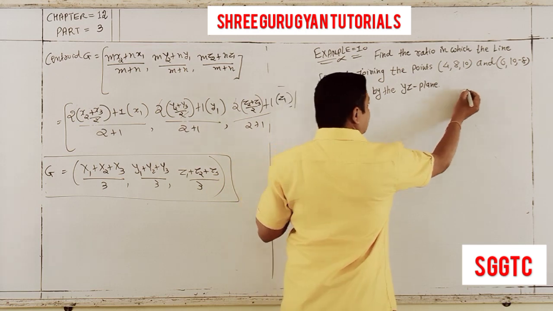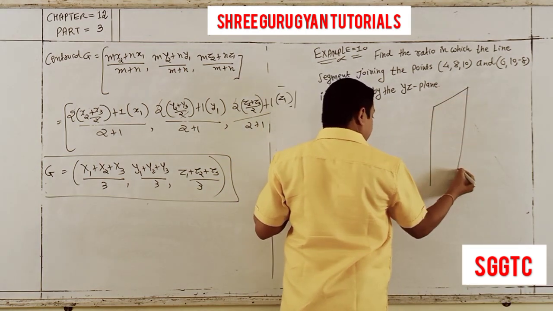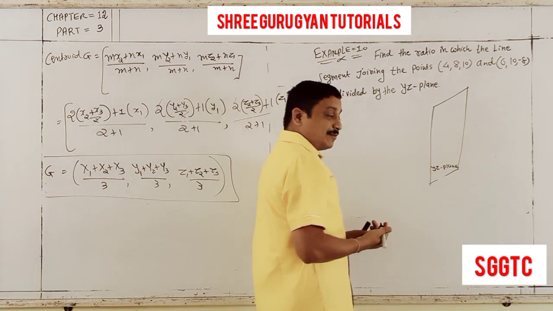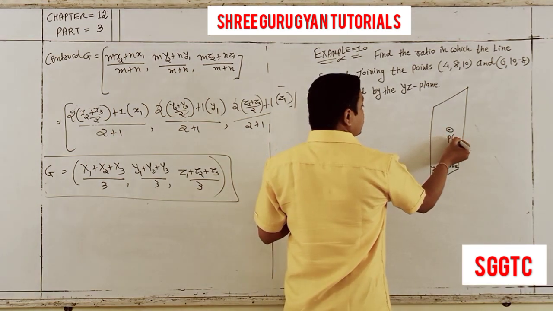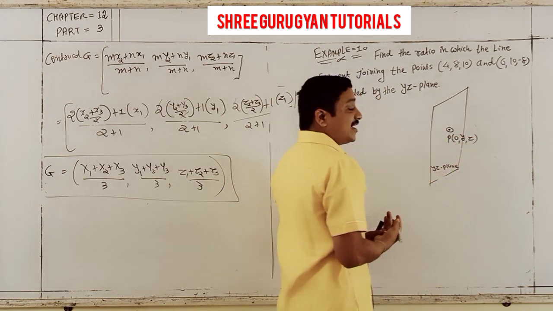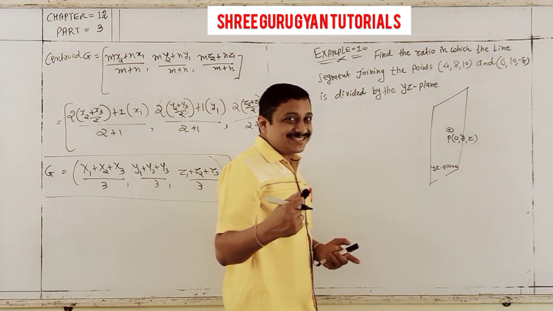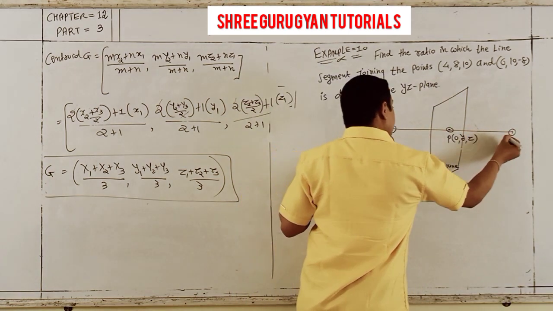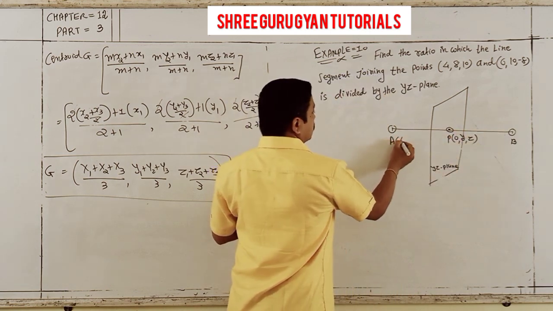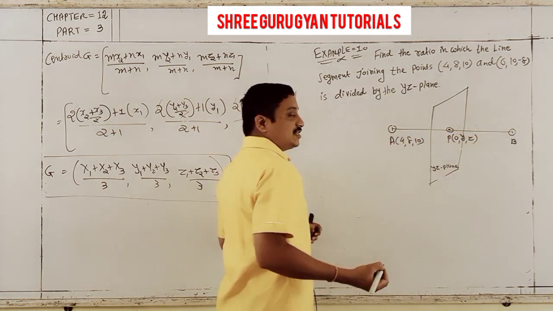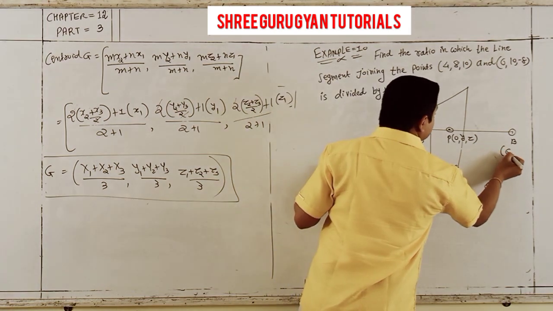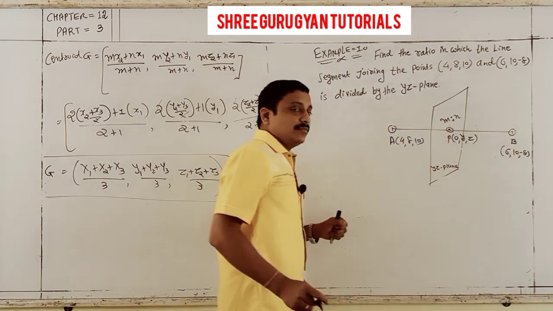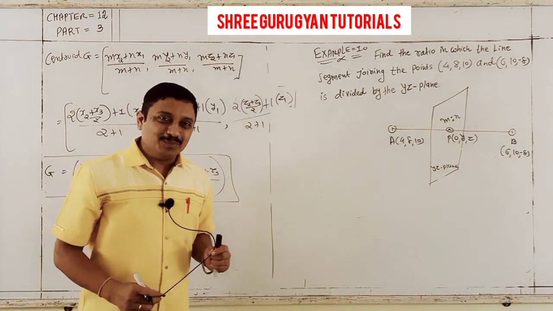So, students, consider that's your YZ plane. Here I write YZ plane, and on the YZ plane consider one of the points P(0, y, z), because on the YZ plane x is absent, and that's the segment AB. A is given as (4, 8, 10), and secondly B is (6, 10, minus 8), and consider the ratio m:n. In the textbook, taking the ratio k:1, both are true.